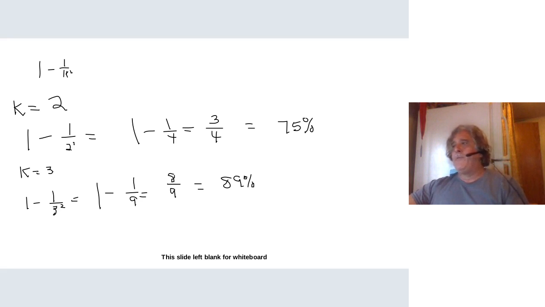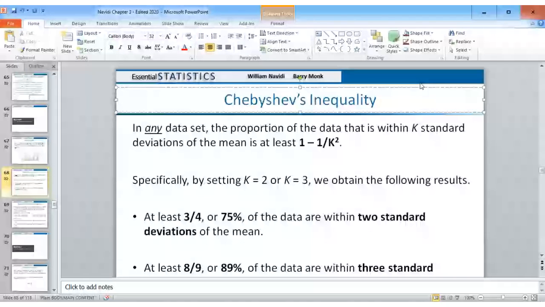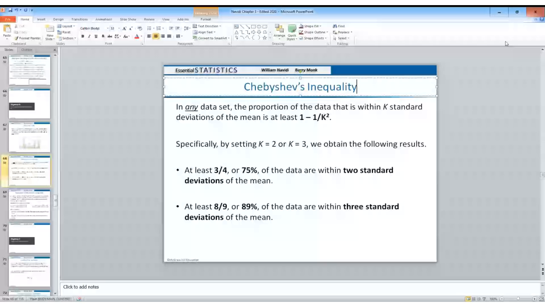But the heart of Chebyshev is that it's a little bit easier, but as I said, it's really not as much use as the other one. All right. So they're just showing you how 2 standard deviations and 3 standard deviations shake out. Remember, with 2 standard deviations on the empirical rule, you know that it's approximately 95%.